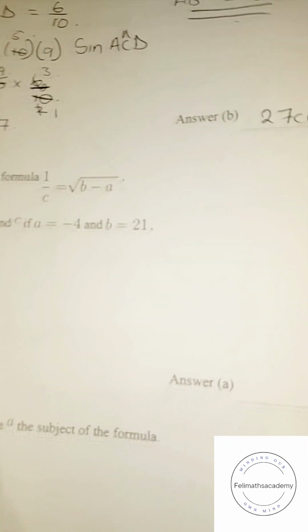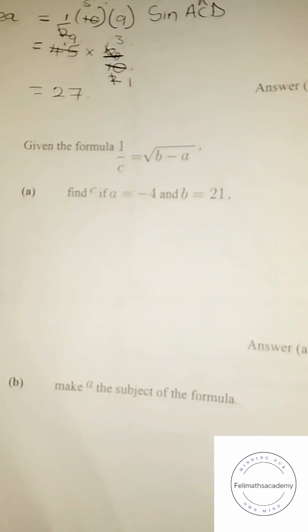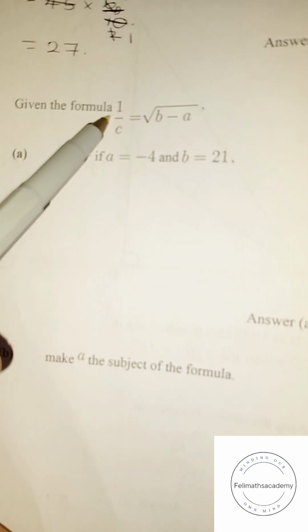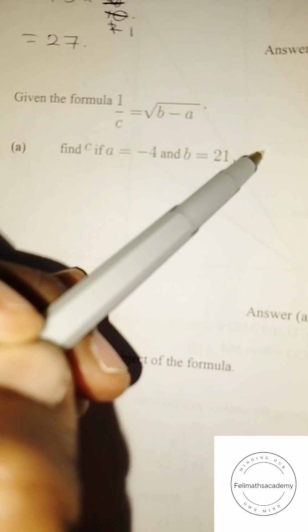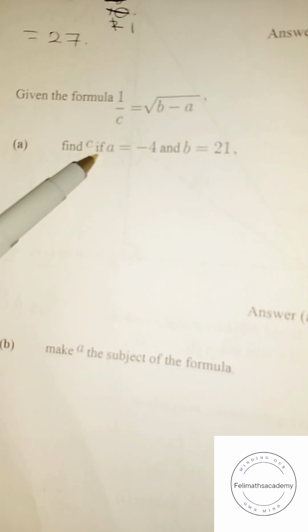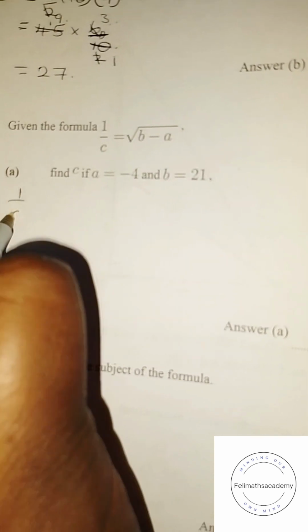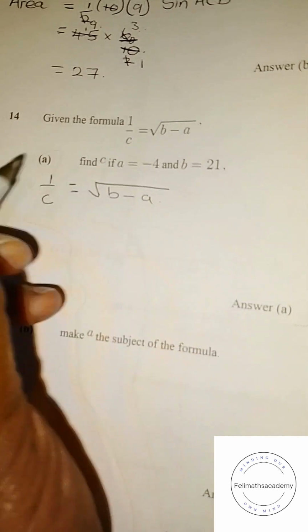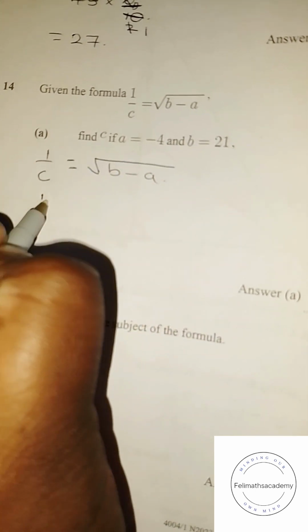Right. Then we move on to number 14. Given the formula 1 over C is equal to the square root of B minus A, find C if A is equal to negative 4 and B is 21. To find C, we substitute A and B with those values.